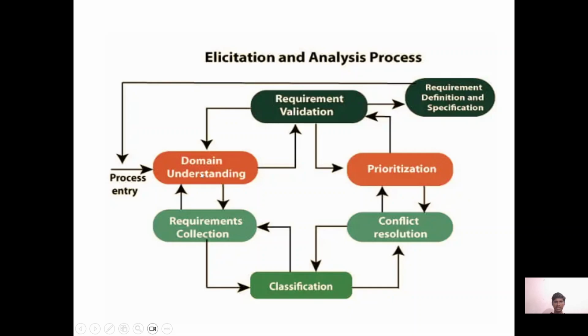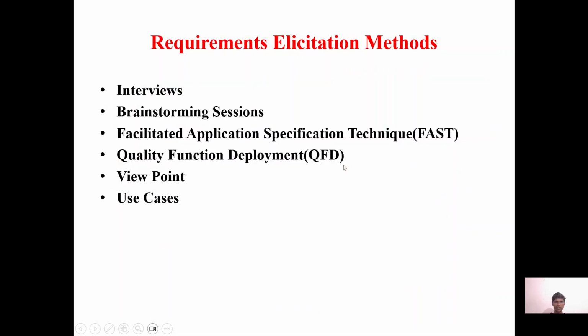From the domain understanding you have the requirement collection. Once the requirements are collected, they are classified. Once classified, you have conflict resolution. Based on the conflicts, you do prioritization. Then you validate the requirements. At last, you have the requirement definition and specification.